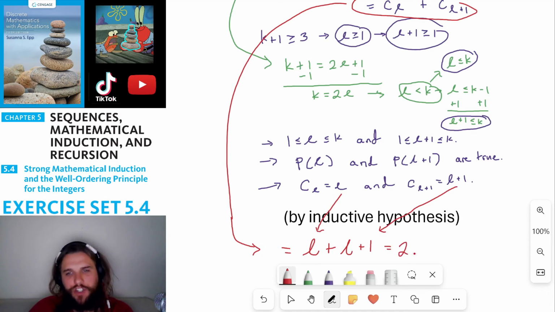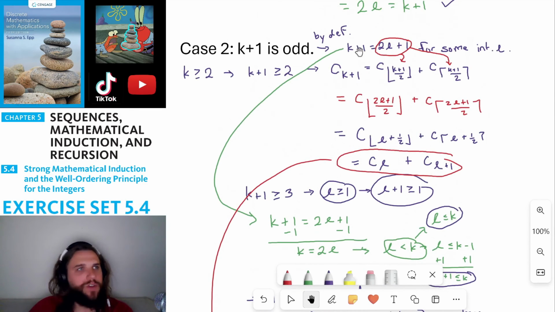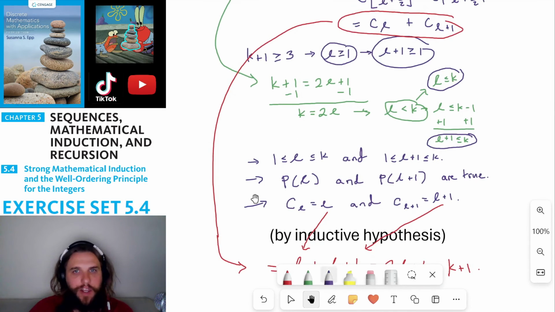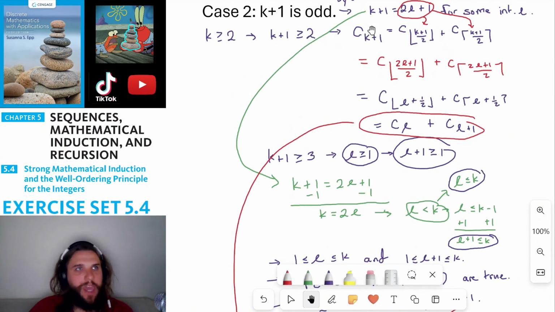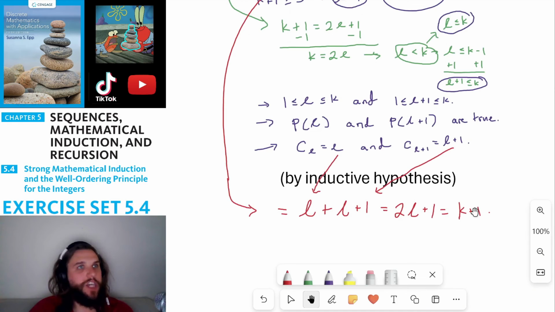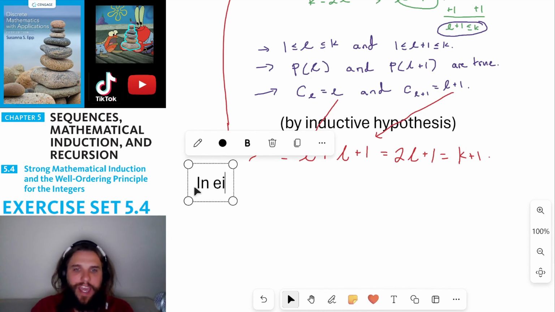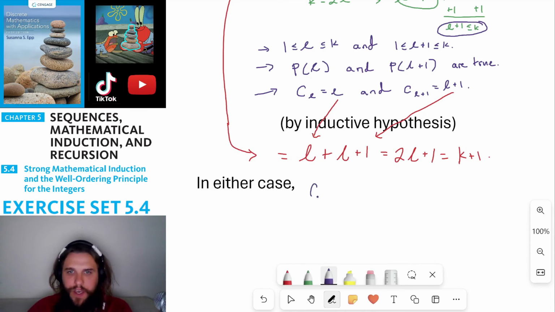But this is just 2L plus 1, and 2L plus 1 is equal to K plus 1. And so we have concluded that C sub K plus 1 is equal to K plus 1. In other words, in either case, C sub K plus 1 equals K plus 1. And this means that P of K plus 1 is true.